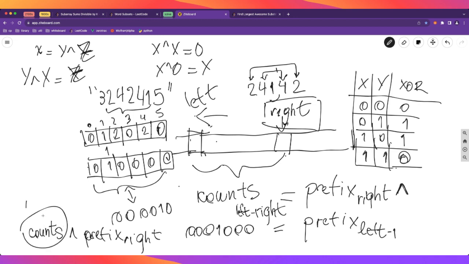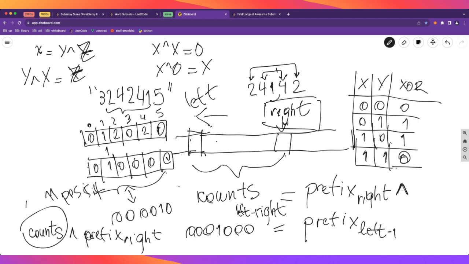And the counts, we know that there are 11 possibilities, so we can also know what they are. That's going to give us all the prefix lefts that form a palindrome.